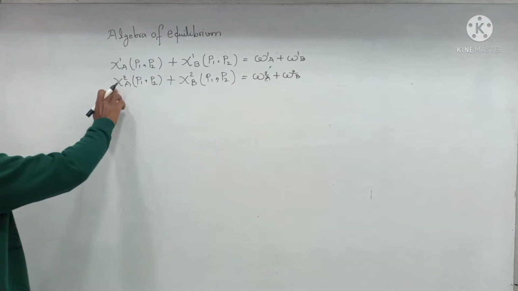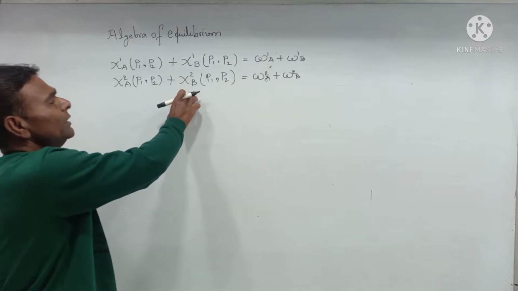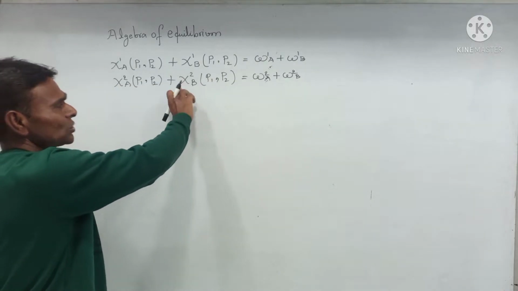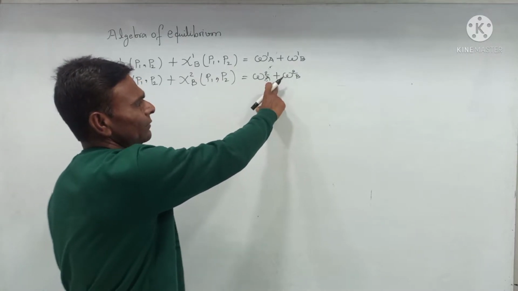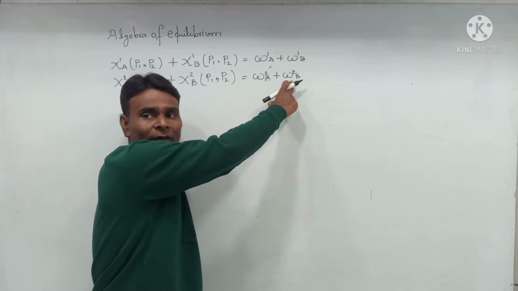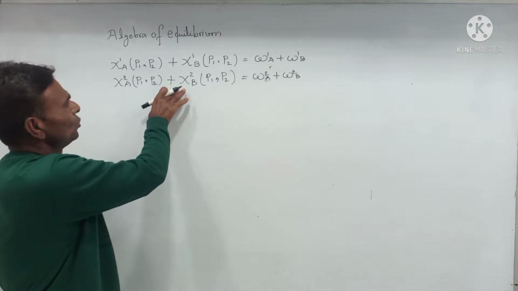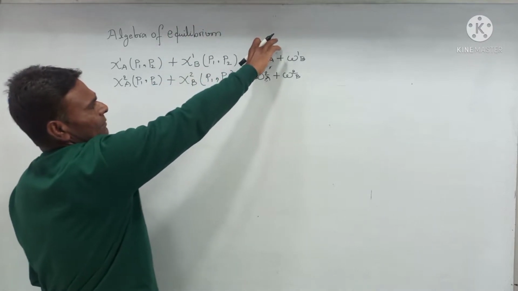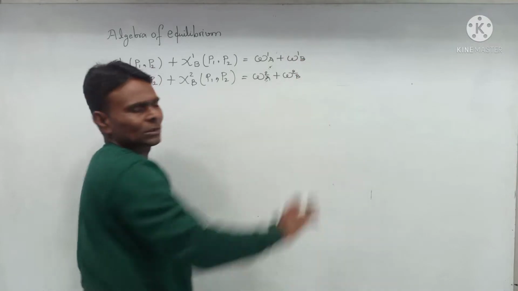Once again, it is the amount of goods x2 consumed by person A, the demand function of goods x2 by person B, the endowment of goods 2 held by person A, and the endowment of goods 2 held by person B. Okay, here total demand equals total supply for the first goods, and total demand equals total supply for the second goods.